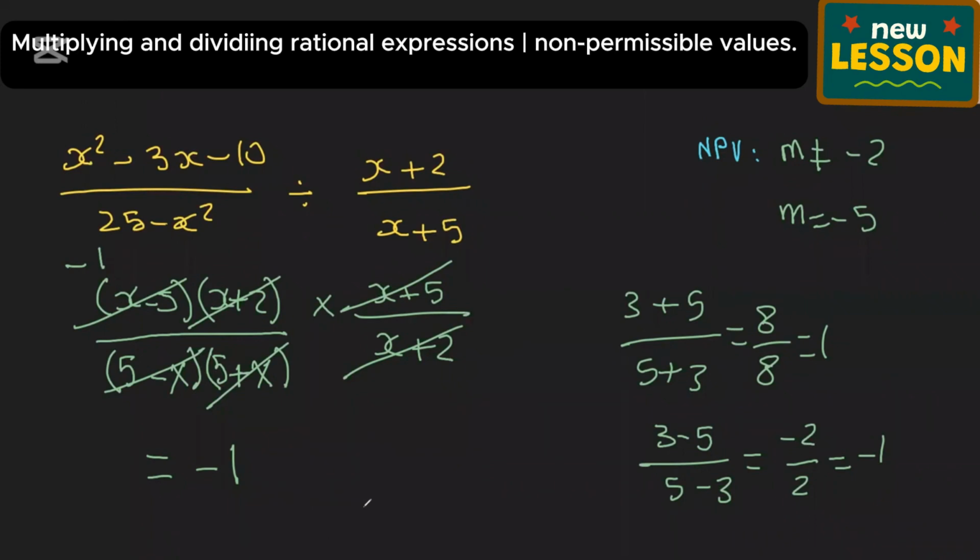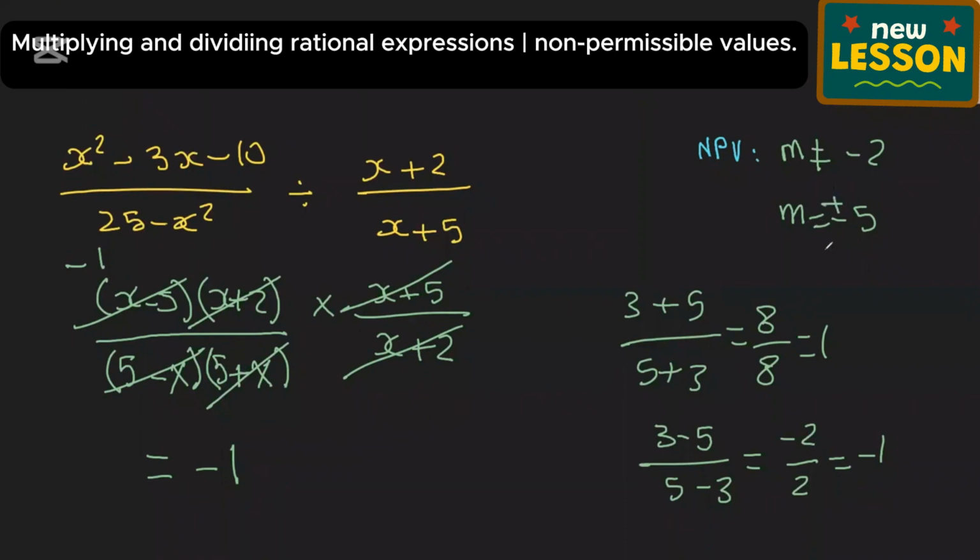Hold on a second. I think I will miss some marks if I quit right here. See, maybe I did this ahead of the game, and then I listed my non-permissible values, and I thought it was over. Now it was not over, because I still have to list my non-permissible values from here. Well, x cannot equal -5 right here, because that would make 0, but we forgot about the x equals 5. So can I just put a plus right on top there?